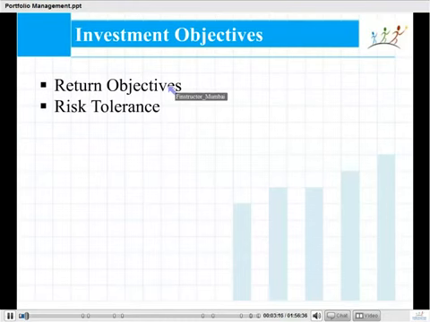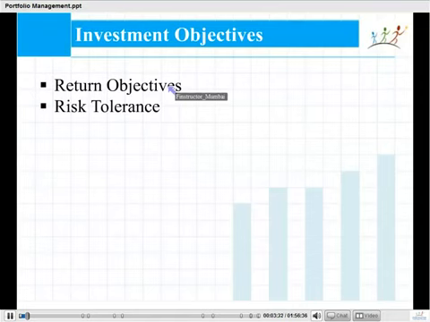There are two objectives that we need to quantify. First is the return objective, that is what is the return that the client needs. The return objectives will come from the aspirations and the requirements of the client in the future. So he wants to save money for his children's education. He wants to save money for his daughter's marriage.